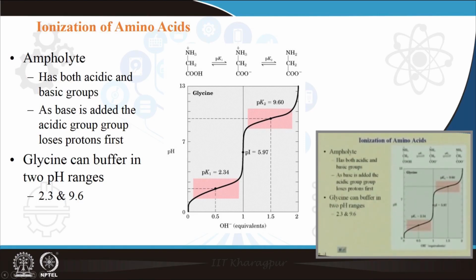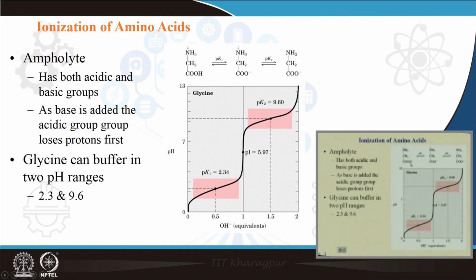Now, as the base is added, what is here along the x-axis, we have number of OH minus equivalents added. So basically what are you doing? You are adding NaOH to your amino acid solution. Initially, if we make the pH very low, what does my amino acid look like? All of it is protonated.